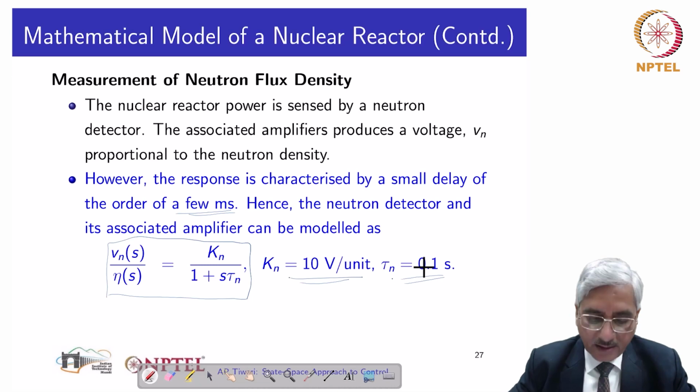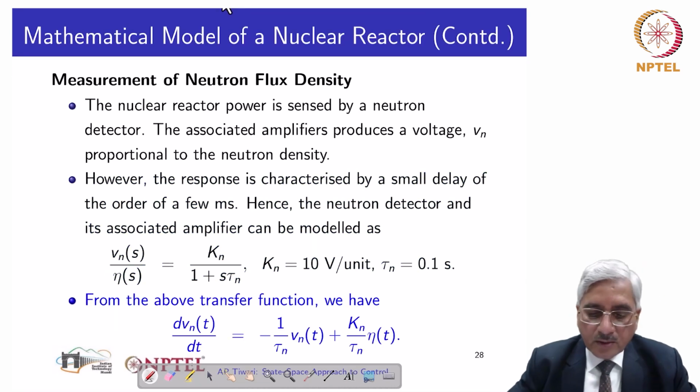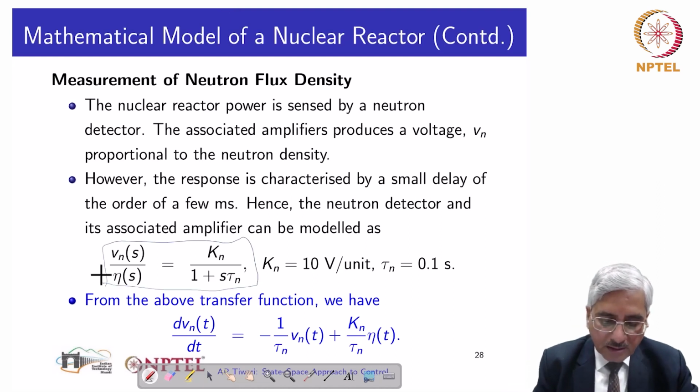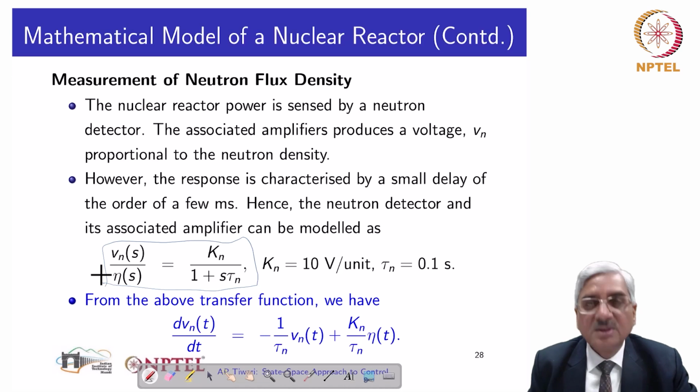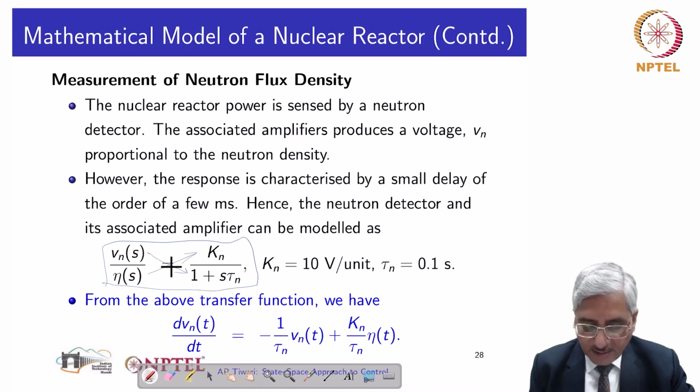It is in milliseconds only. That is the measurement of neutron flux density. And if we convert this into state space form, one of the lectures was how to obtain state space representation from transfer functions. This one is very simple. We just cross multiply the terms and rearrange and take the inverse Laplace transform. So we get this one.